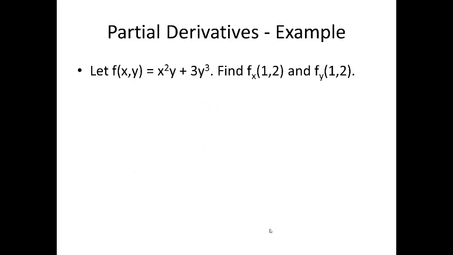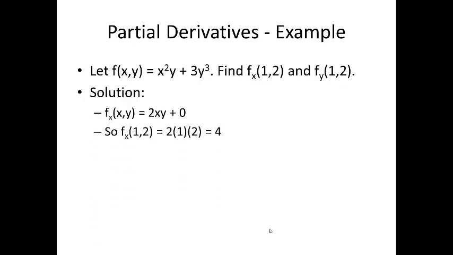We want to find the partial derivative with respect to x at (1, 2), and the partial derivative with respect to y at (1, 2). So for the partial derivative with respect to x, we differentiate x squared, which is 2x, times y, and there's no x term in 3y cubed, so we treat that as a constant, so it's 0. Then we simply evaluate that at (1, 2). That's equal to 2 times 1 times 2 plus 0, and that's 4.